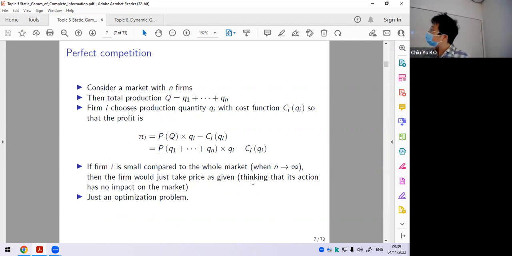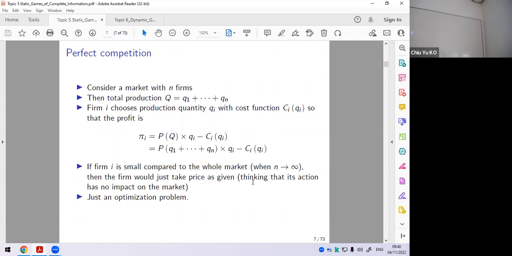The reason is that although the demand function or inverse demand function also has your Q_i inside, perfect competition means that you don't think your action affects the price. Whether your action actually affects the price doesn't really matter. They just think that they don't affect the price.